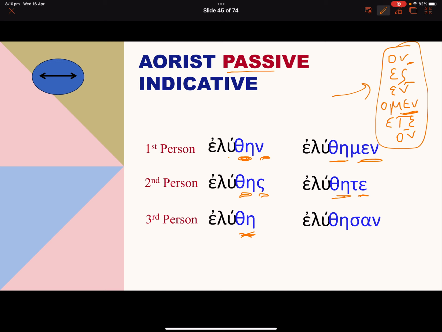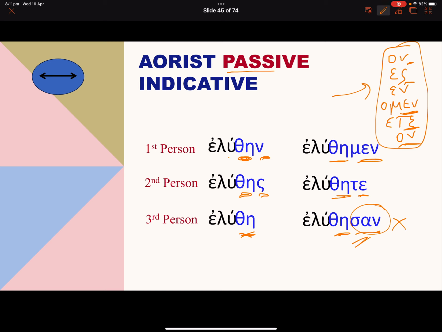Theta eta, we've got the te, and then theta eta, we've got san, which is similar to what we saw with our aorist active. So this one's a little bit odd. I don't know why. That sort of uses a bit of a hybrid there between the two forms. So I'm not sure why this seems to use these variation of active endings, but it does.